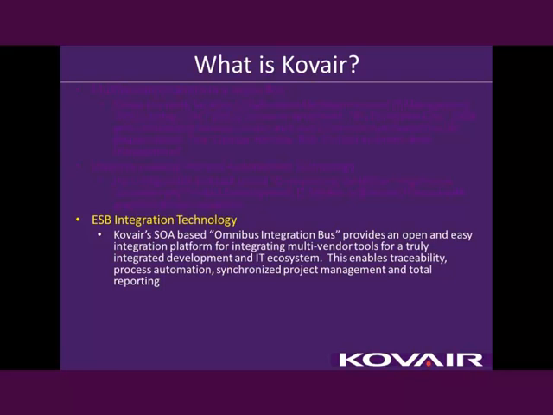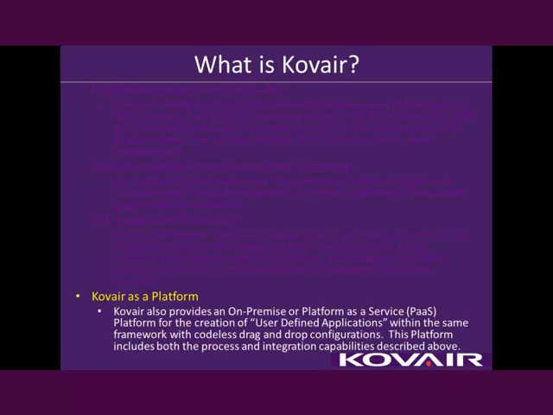And since it uses enterprise service bus architecture, overall development effort, cost, and time, as well as maintenance effort and cost, is substantially lower than any other integration technology, which are typically point-to-point.